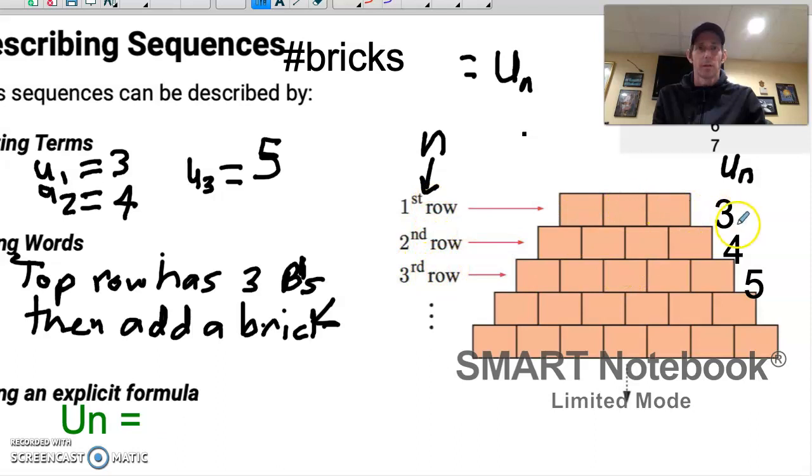So if you look at 3 as it relates to 1, 4 as it relates to 2, and 5 as it relates to 3, it seems to be that it's just whatever this number is plus 2. So my formula could be just n plus 2. So whatever row I'm in, I seem to have 2 more bricks. So that's sort of our explicit rule. That's a plus, not a multiplication sign.